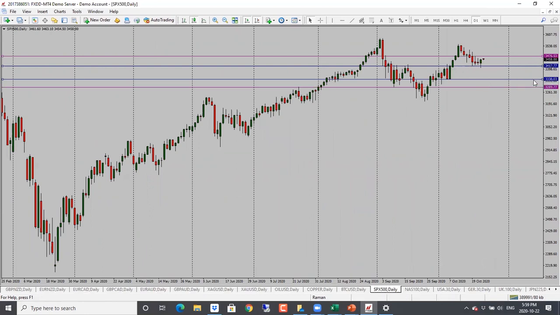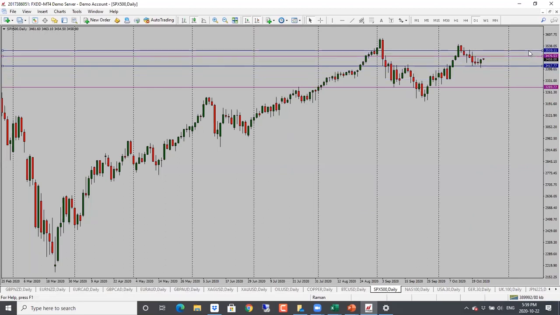So 34.75 is the first target, and then we are looking at 35.20. So neutral to bullish here. This doesn't look very bullish here. It's more neutral sideways still, but we could see a bit of a move higher. So neutral to bullish bias for S&P 500.